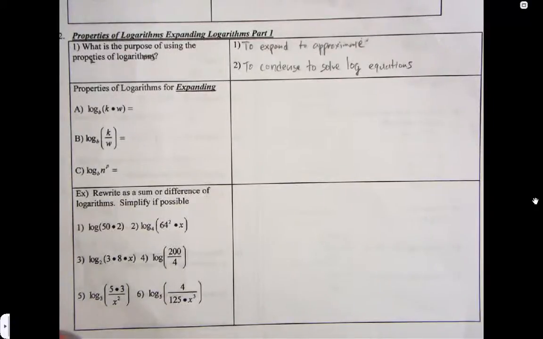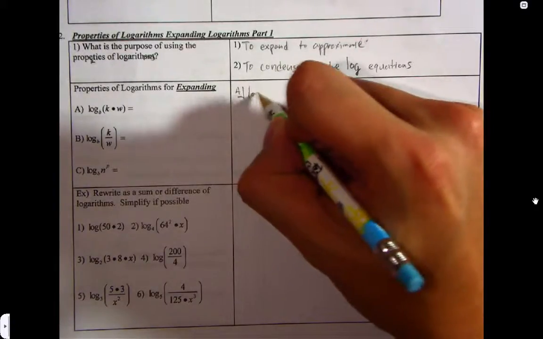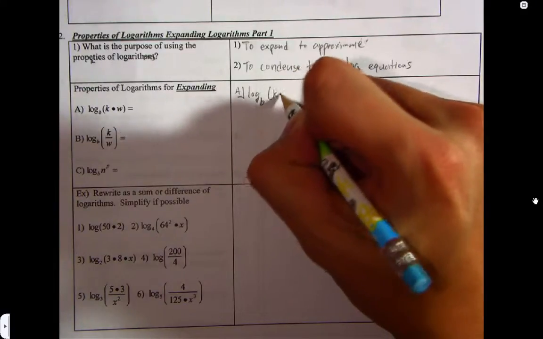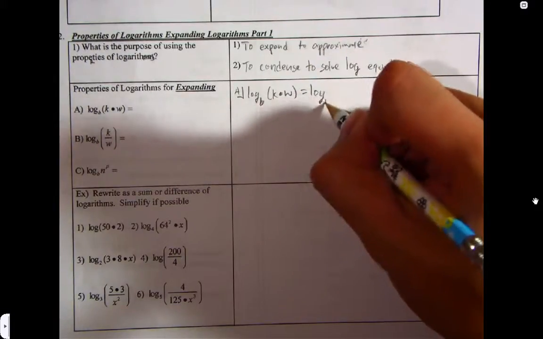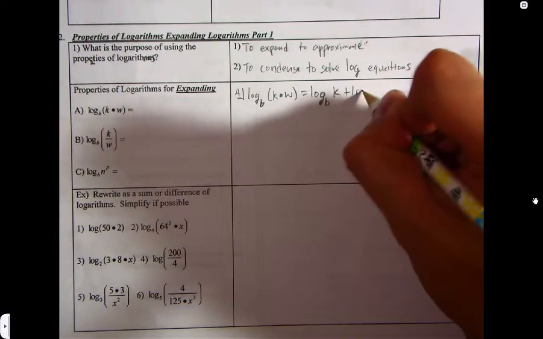Okay, so properties of logs for expanding. A. Whenever you have a log of a base b and you multiply, you can rewrite it as 2 logs of the same base b, and you just add them.